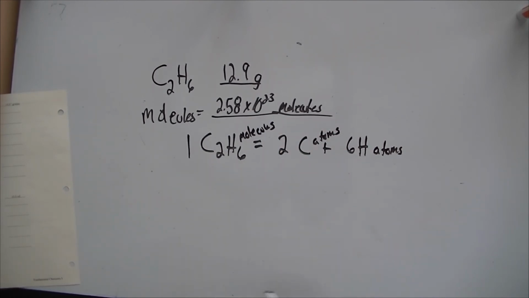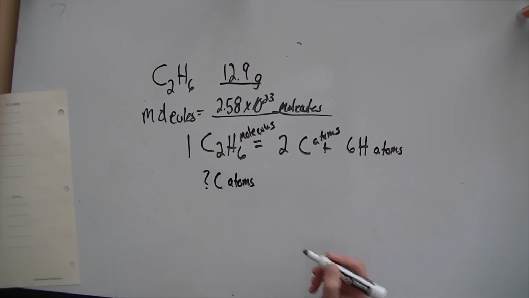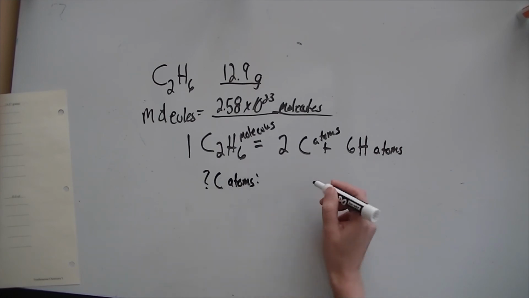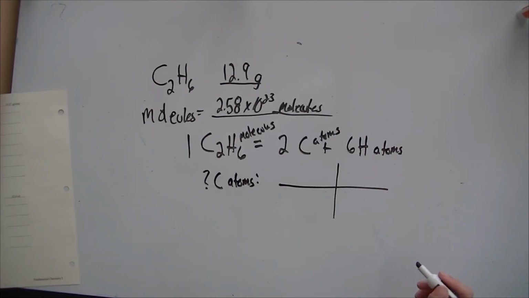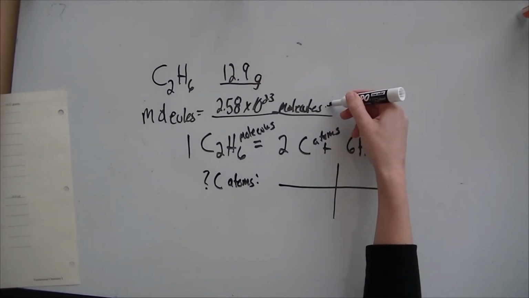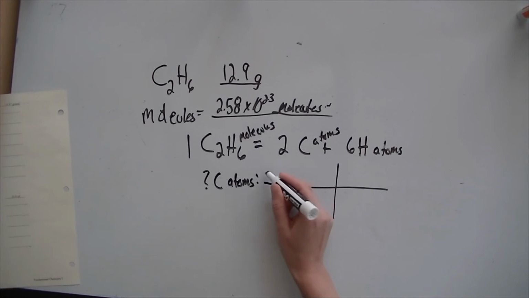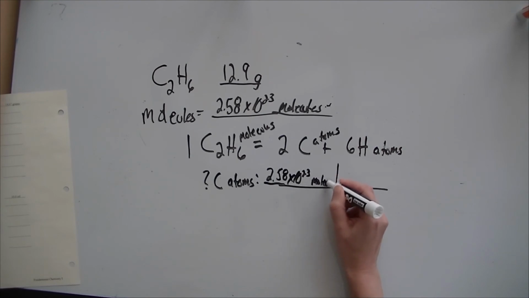If I want to figure out how many carbon atoms, let's do my railroad track. The only piece of information I have is how many molecules, so that's what I'm going to start my railroad track with: my 2.58 times 10 to the 23rd molecules.